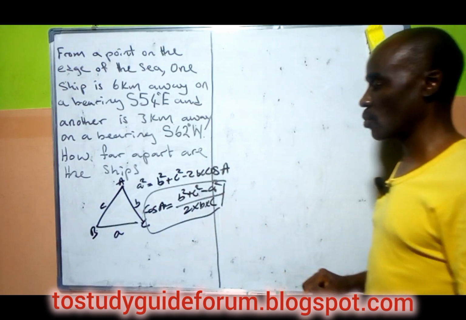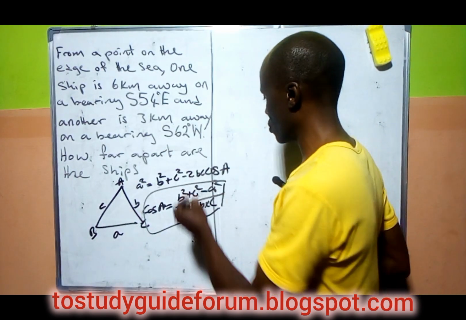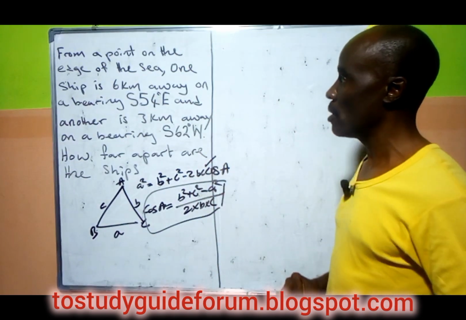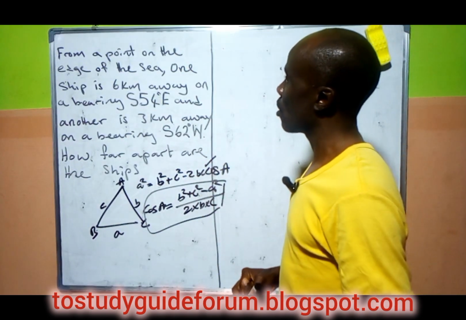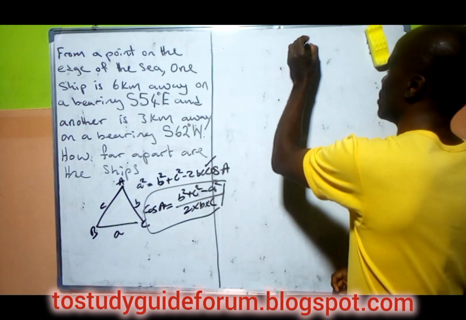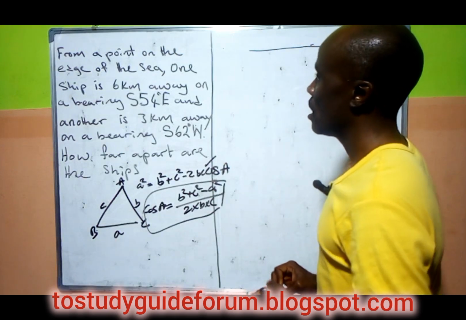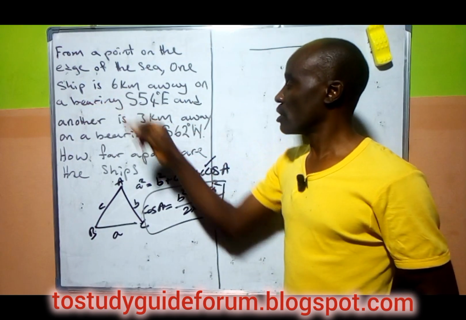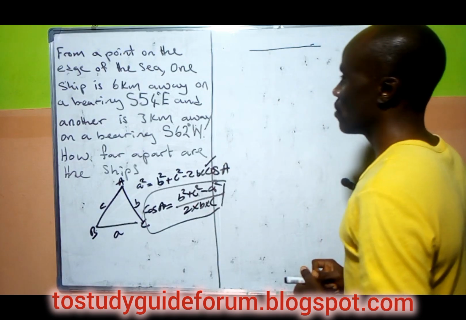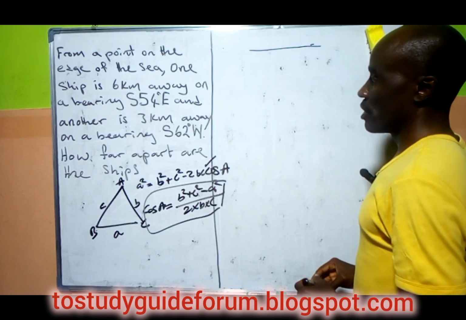So based on that, let's go to the question we have. In the question, we are going to be applying this very one. We're going to learn how to apply this in solving problems. The question says from a point on the edge of the sea, that means we have our sea here. This is the edge, and then it said that a ship is 6 kilometers away on a bearing of south 54 degree east.